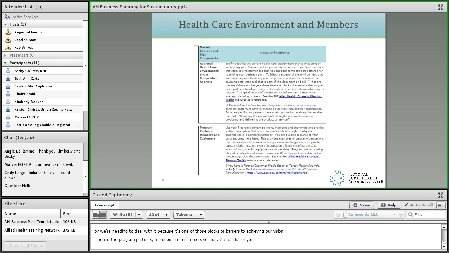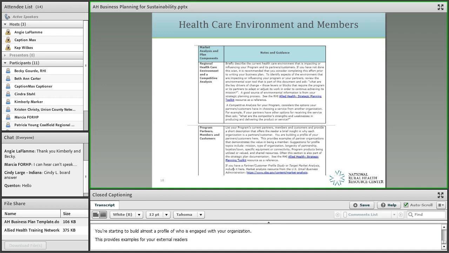So probably there's a bunch of different ways, of course, to describe this governance structure, but in a business plan, it helps your external reader understand who's making the decisions and who's working together.